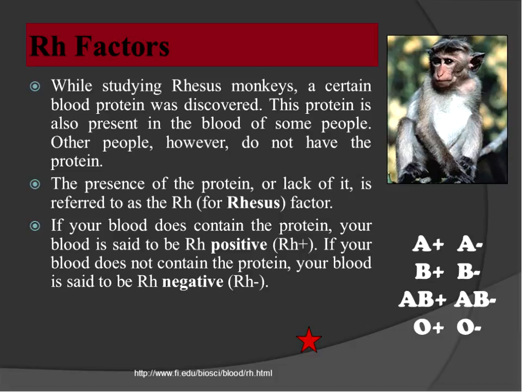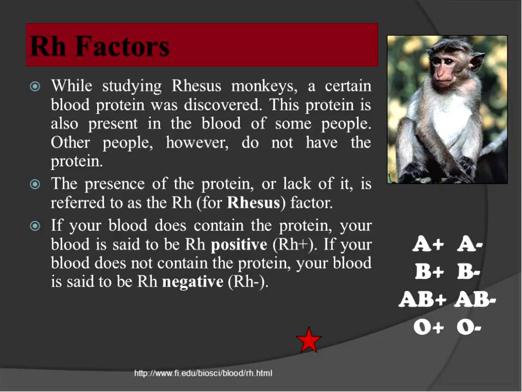If you hear people say, I'm type A positive or I'm type O positive, that means they have another protein marker on their cells, the Rh marker. If they are negative, then they do not have that marker.